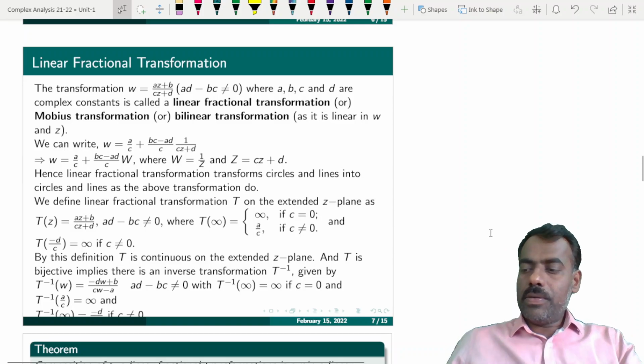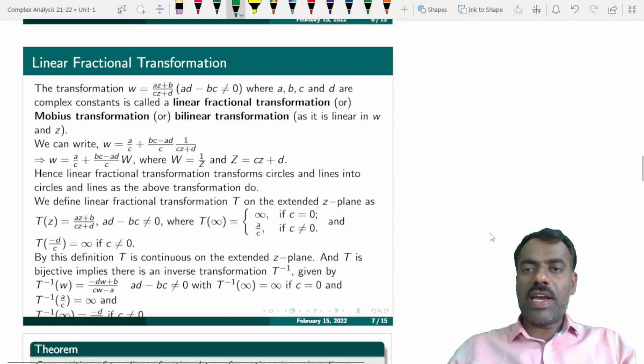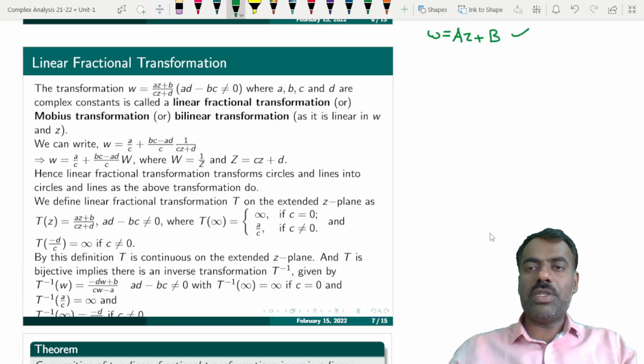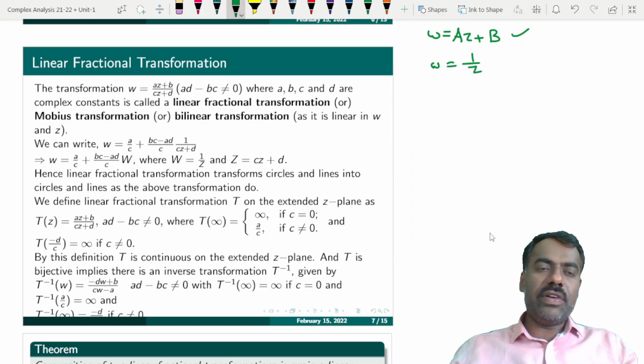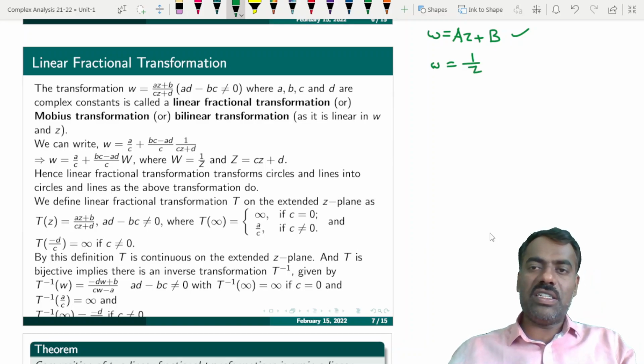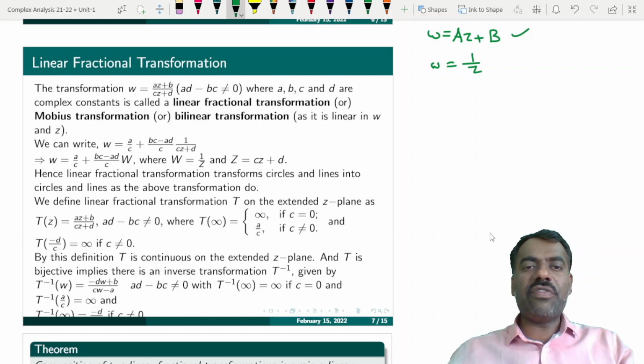Okay, so whatever we have seen so far is az plus b, the linear transformation, and the second one we have seen is w is equal to 1 by z. Now what we'll see is a combination of these two, which is the linear fractional transformation. That means w is equal to az plus b upon cz plus d.